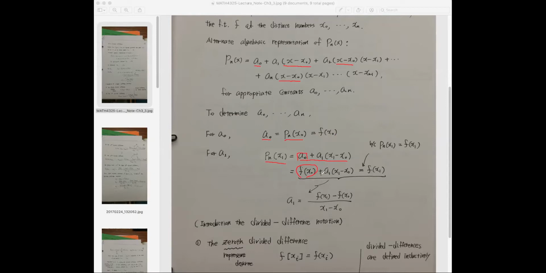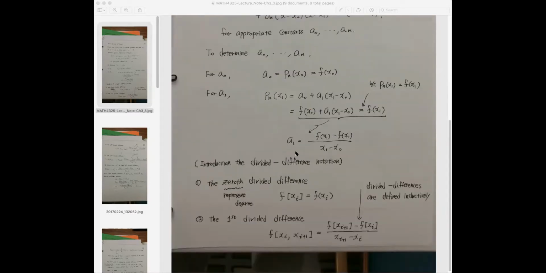Then we solve the equation for a1, because we know f of x0 and f of x1. So a sub 1 is the only unknown, and we got a1 equals f of x1 minus f of x0 over x1 minus x0. Now we're going to repeat this process to figure out all the constants a0 through an.